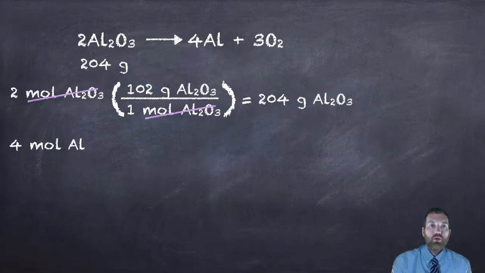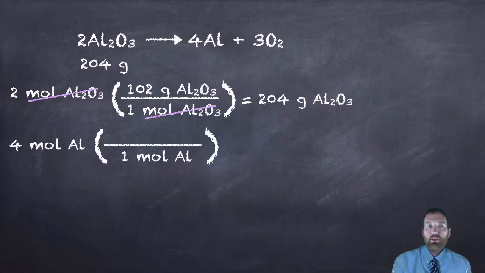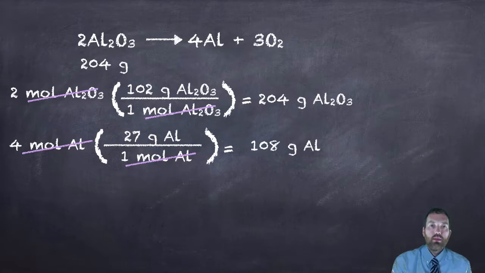Okay, now let's do our products. I have 4 moles of aluminum. I can easily look up aluminum on the periodic table. Aluminum weighs 27. 4 times 27 is 108 grams. So I'll plug that in there just so I have it in front of me. And then lastly, we need to convert 3 moles of oxygen into grams of oxygen.